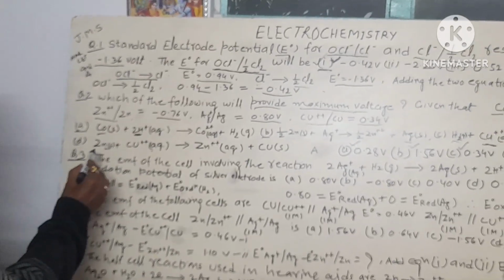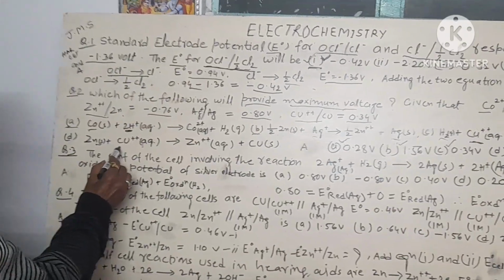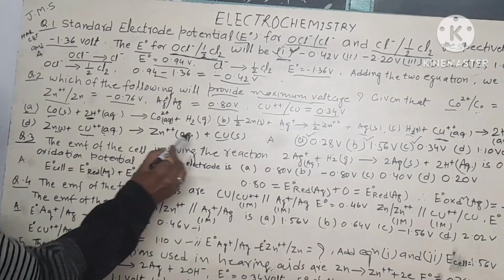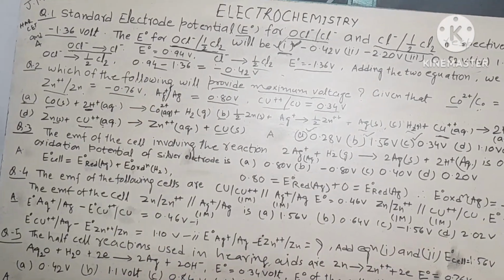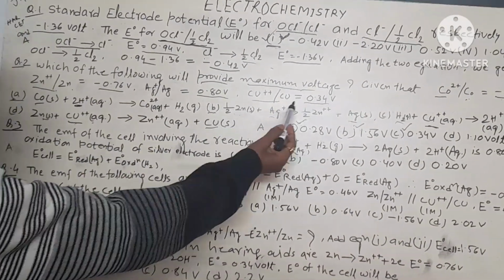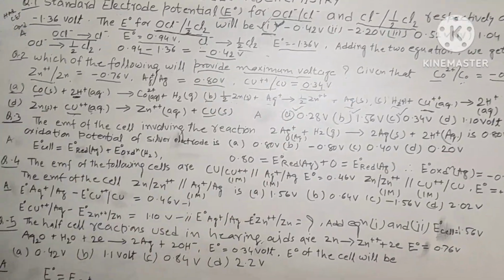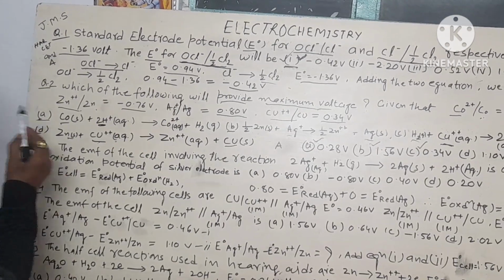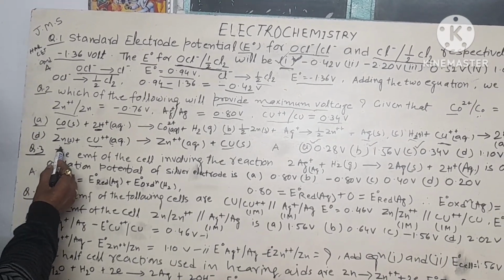Similarly, the fourth cell is Zn plus copper. Here again copper is converting to copper solid. This is the reduction. Then again copper is 0.34, minus, what is the other? The other is zinc. Correct?